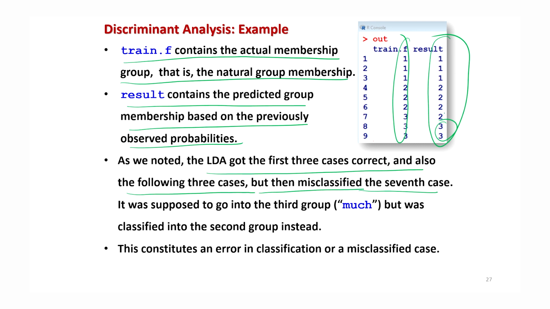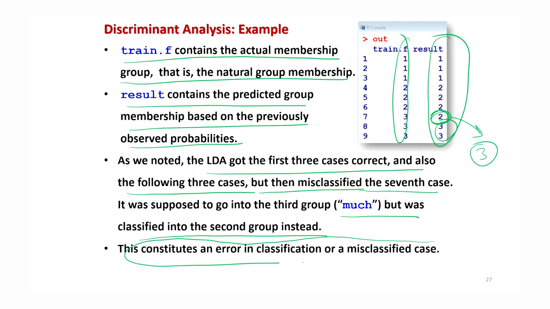So this observation, that should have actually been assigned to group number 3, much, was not. It was classified into the second group. This constitutes an error in the classification, or a misclassified case.